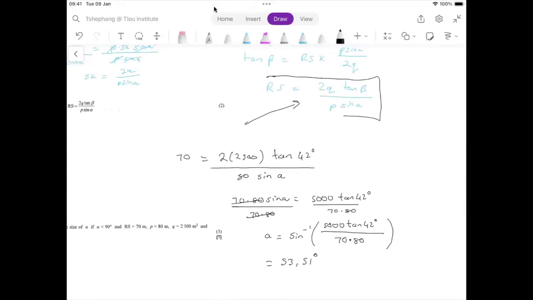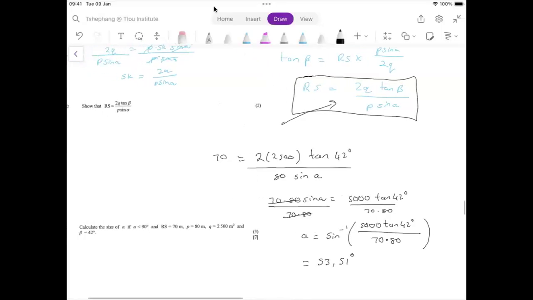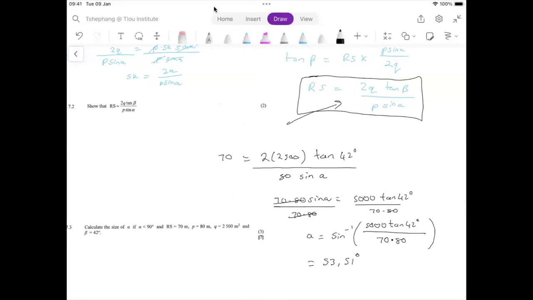All we did is we took the formula for RS, and we substituted the information that they gave us. They did say that Q is 2,500. That's what I substituted here. They did say that beta is equal to 42.